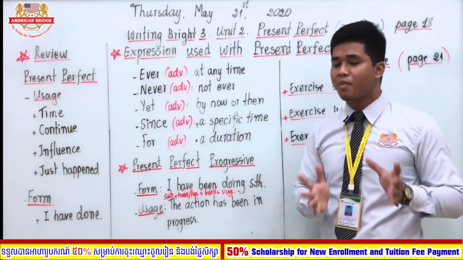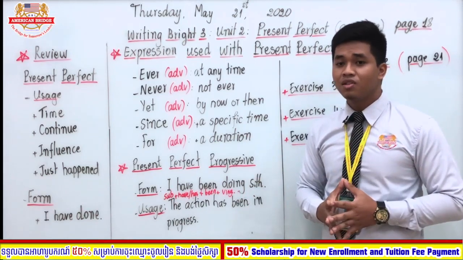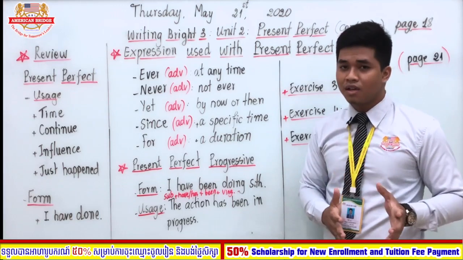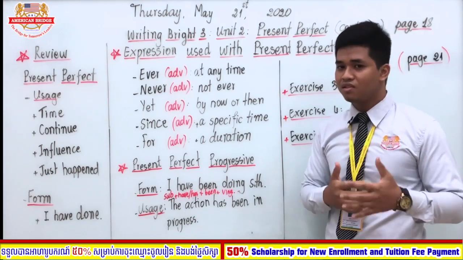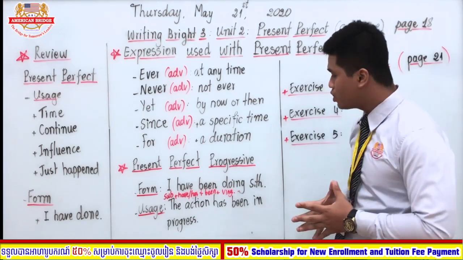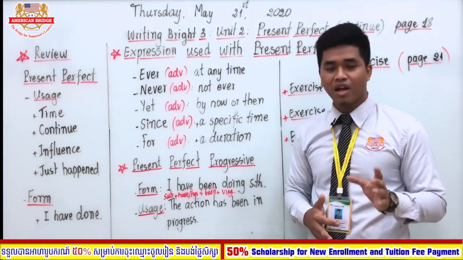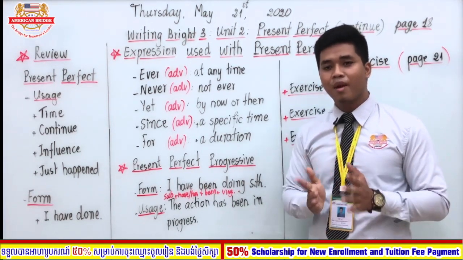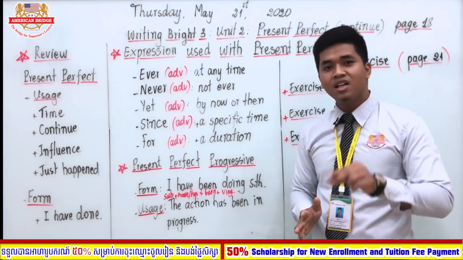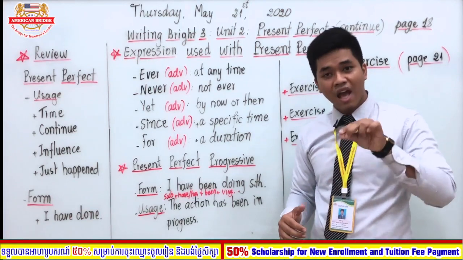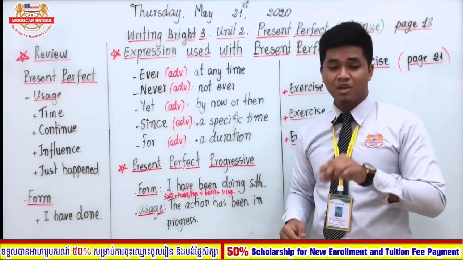But in some specific situations, you need to consider using present perfect progressive. We use this tense when we talk about a situation that happened in the past, it continues up until the present, and in the present moment, you can see that the situation is happening when you are speaking.